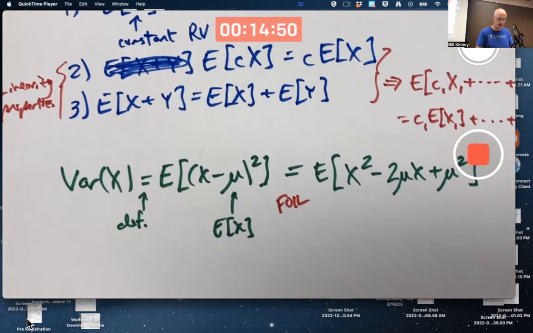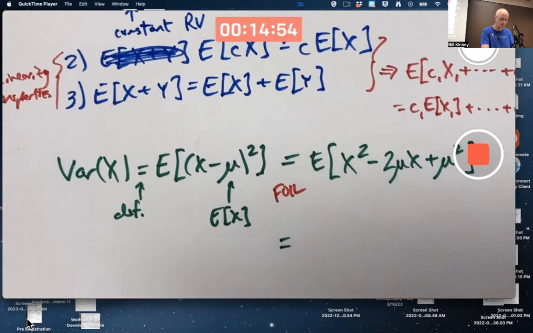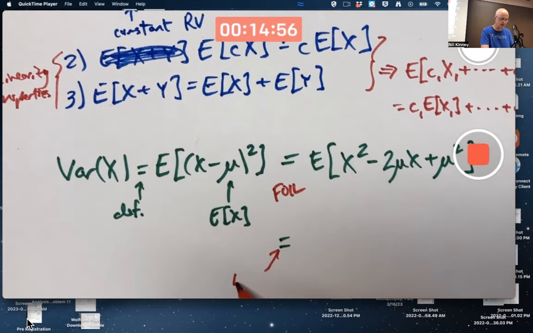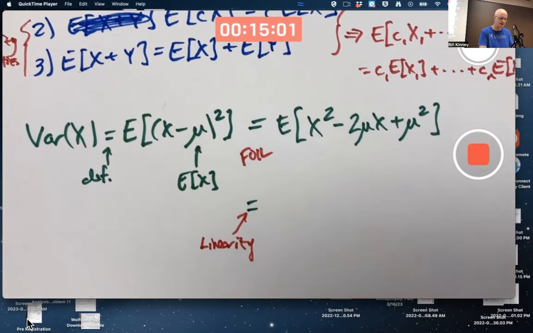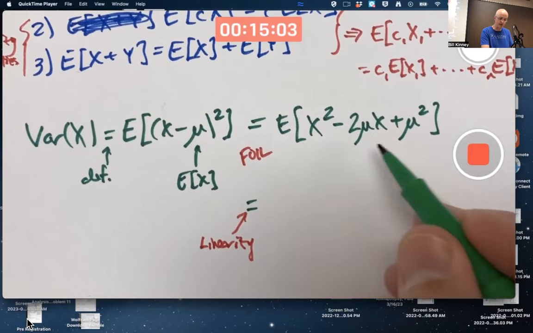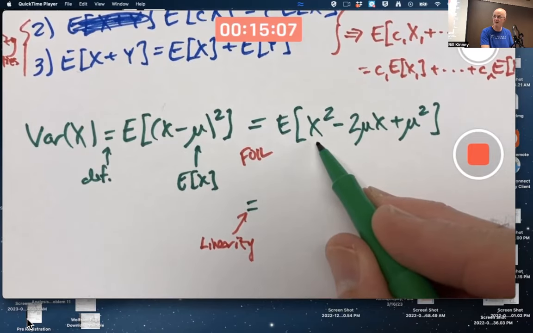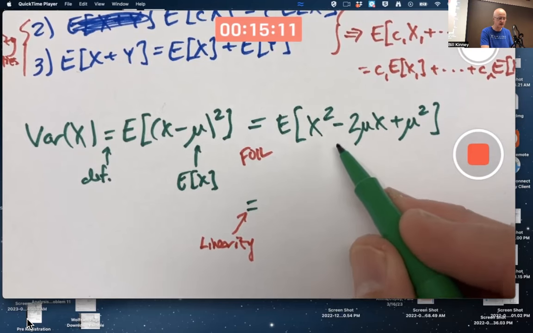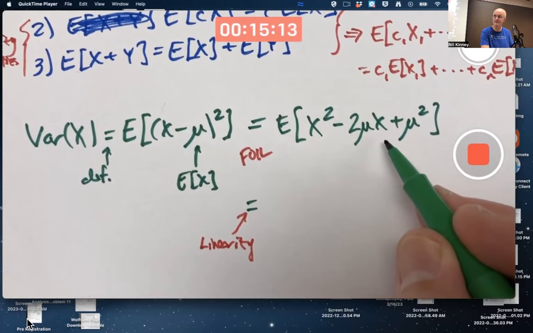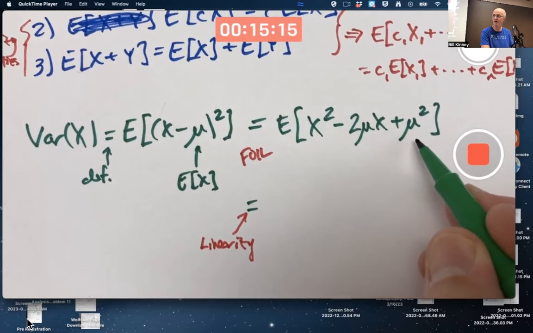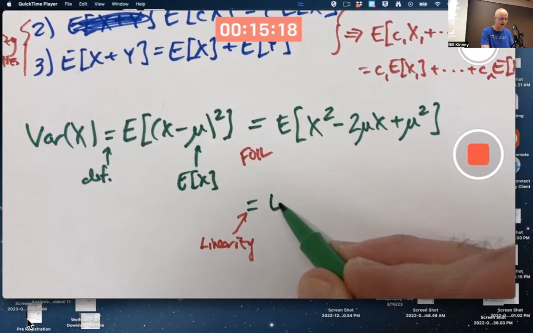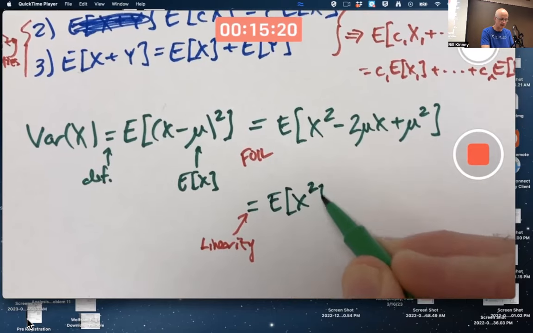Use those linearity properties next. So the reason for this equation is going to be linearity. I've got the expected value of a linear combination: 1 times x squared, I said 1 because it's like a coefficient of the x squared, minus 2 mu times x, plus the constant random variable mu squared.